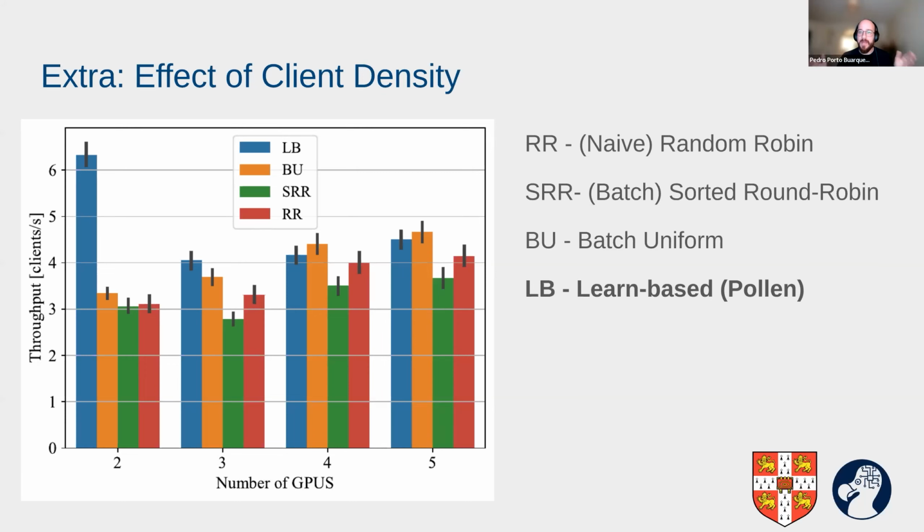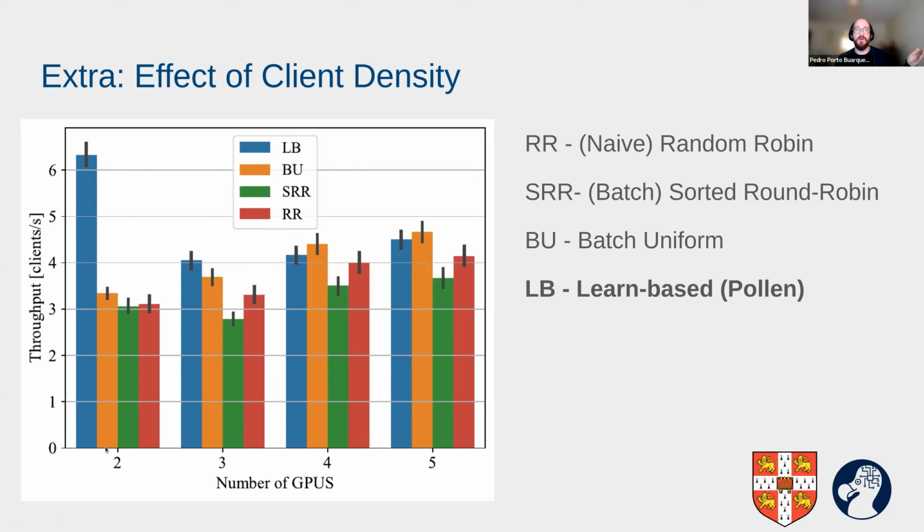So if you can manage the queues appropriately for each client, and you keep in mind that you want all of them to finish more or less at the same time, then you have probably a large concentration of clients per worker, and this is what you have in this part of the graph when you have fewer GPUs, but you keep constant the number of clients that are being used on those GPUs.